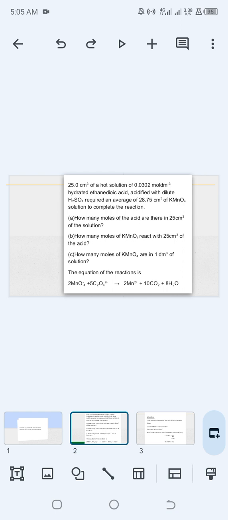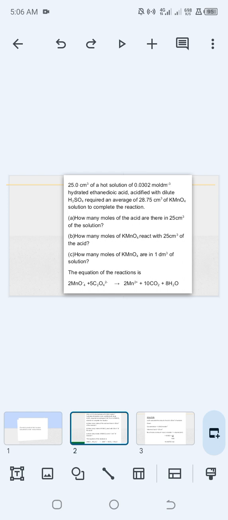Under this titration, we are pipetting the hydrated ethanedioic acid, which serves as the reducing agent, while KMnO4 serves as the oxidizing agent.